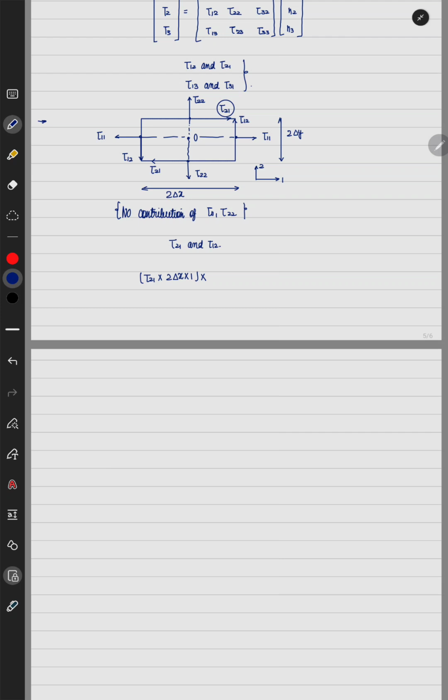This is the axis at O, perpendicular to the sheet on which I am writing, and the force is acting along the positive 1 direction for tau 2 1, so the lever arm comes out to be equal to delta y. If I am taking this direction to be positive, the same tau 2 1 is supporting this, so I am going to multiply this by 2.